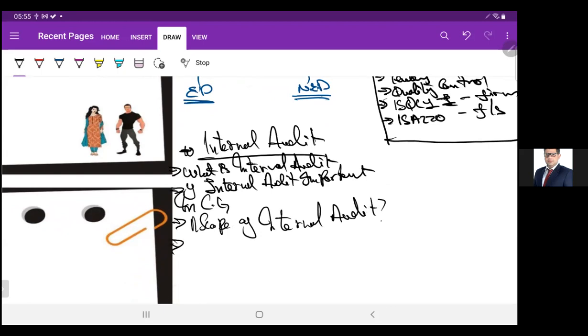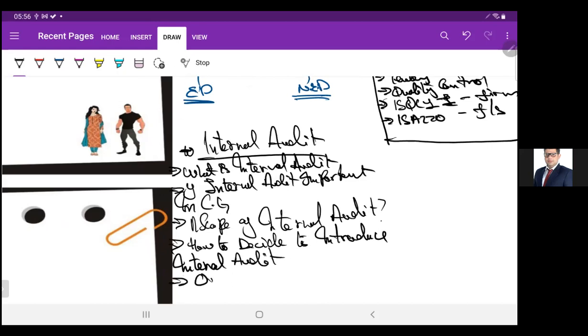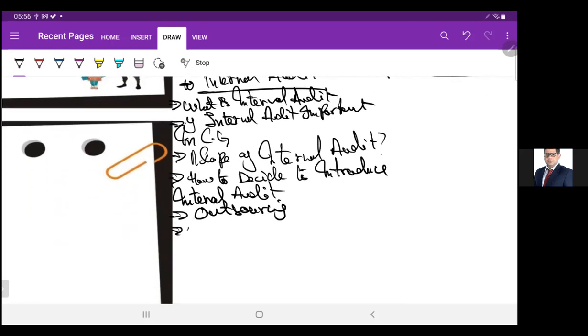Next, we will look at how to decide to introduce internal audit in your organization. Then we will look at outsourcing, and the advantages and disadvantages of internal audit.